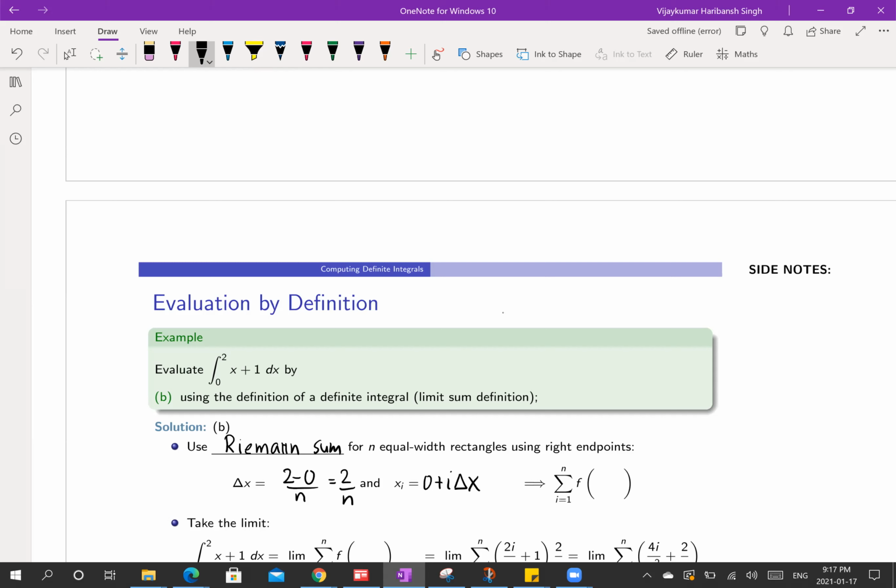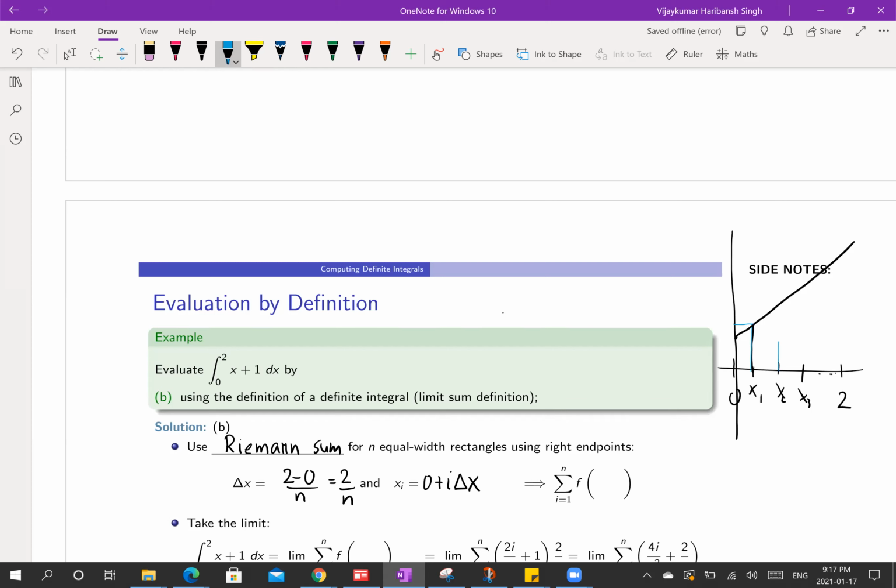So the idea is you have this function from 0 to 2. You are basically drawing the heights. You're taking x1, x2, x3, and so on. Suppose this is how your function looks, x plus 1. Then you're taking this and making a rectangle.